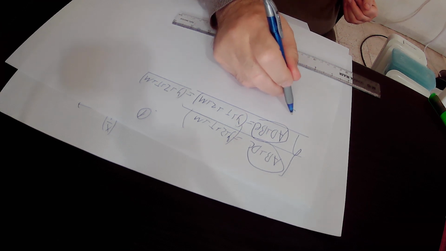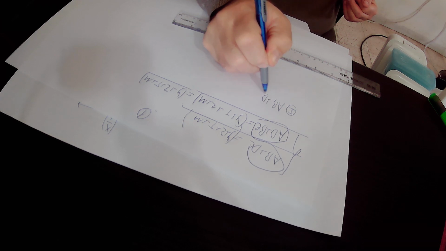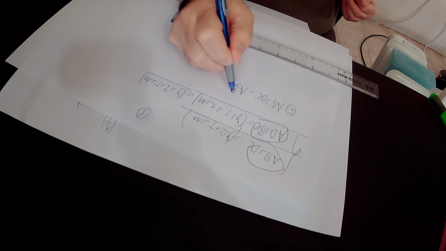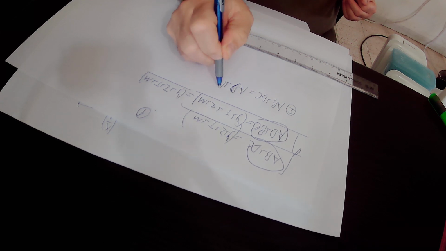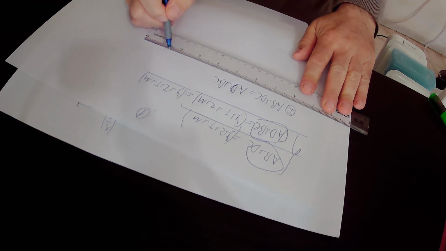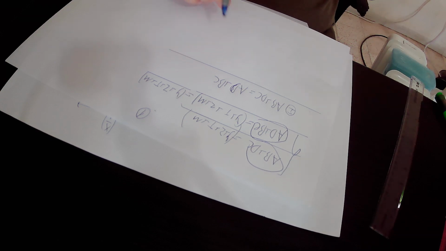That is to say, AB plus DC equals AD plus BC. This is equation 1.